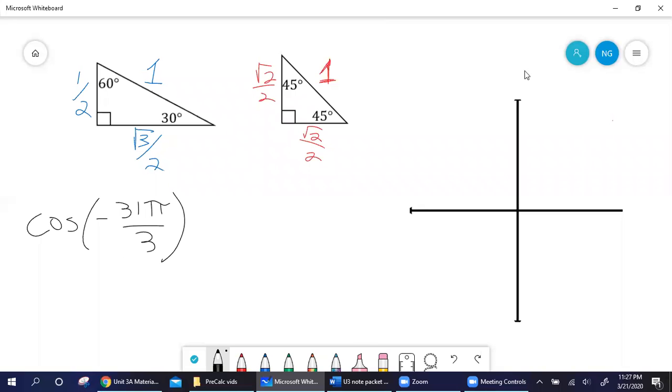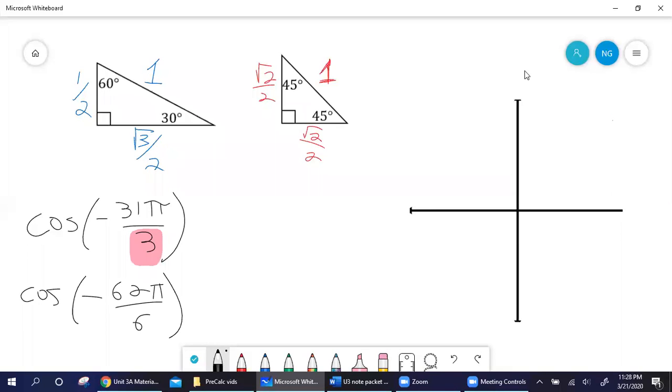Now, one thing I will warn you about, if I give you an angle that's over 3, I would make it over 6. So turn this angle into a fraction that's over 6. So instead, I'm going to multiply top and bottom by 2. Make this negative 62 pi over 6.